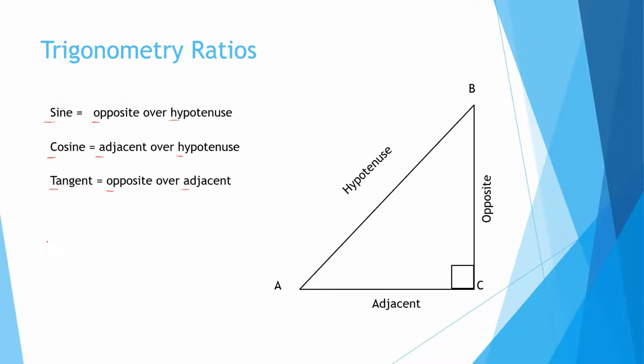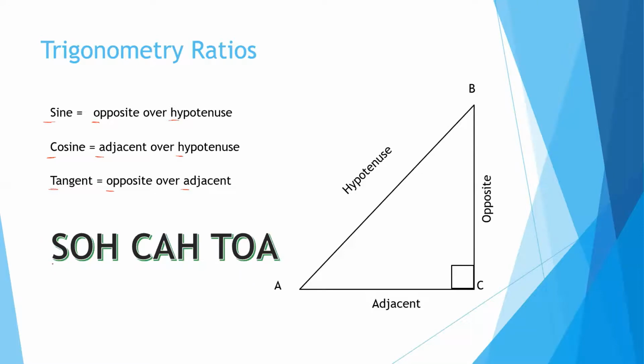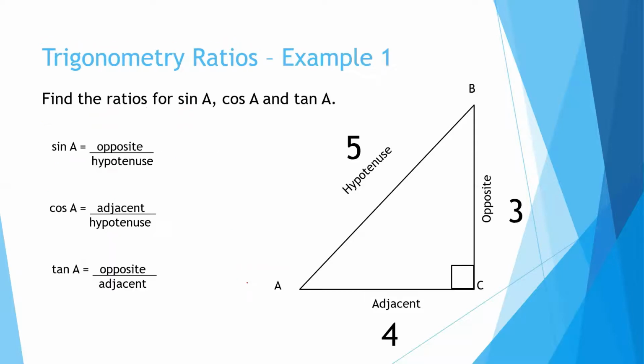So together, those little letters bring up SOHCAHTOA. So S, sine opposite over hypotenuse, cosine is equal to adjacent over hypotenuse, and tan is equal to opposite over adjacent. So write that down, make sure you have it in your notes, and refer to it until you get it all memorized, okay?